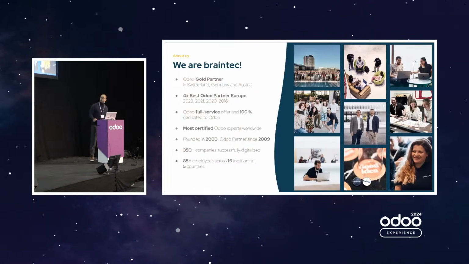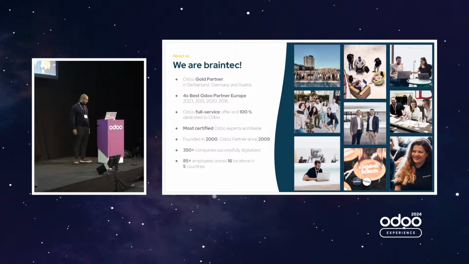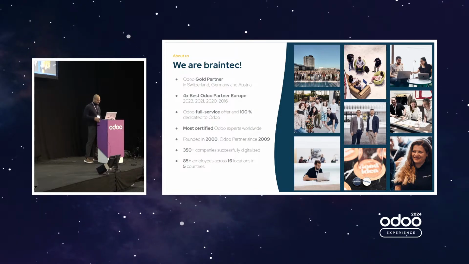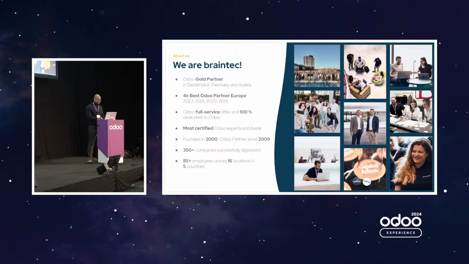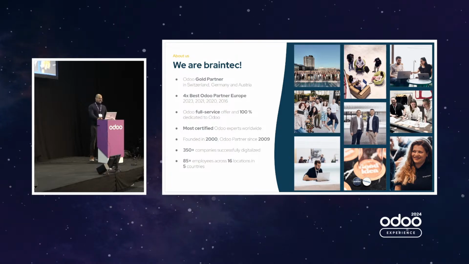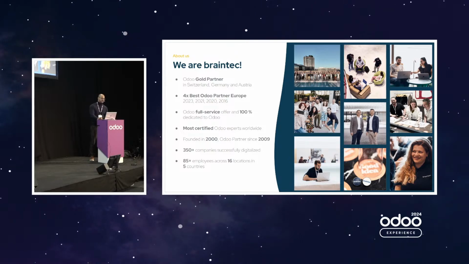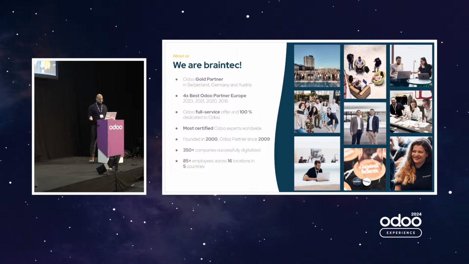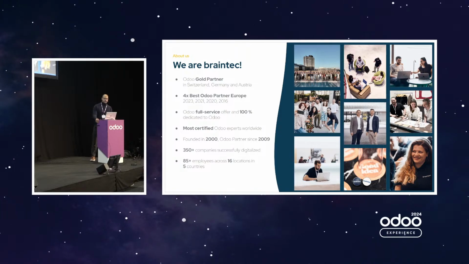Let me tell you a little bit about Braintec. Braintec is a consulting company which also does customizations, but as I said, we always try to stay in the standard. We are a Gold partner and work really closely together with the mother house Odoo. We are not only a Gold partner in Switzerland, but also in Germany and Austria.